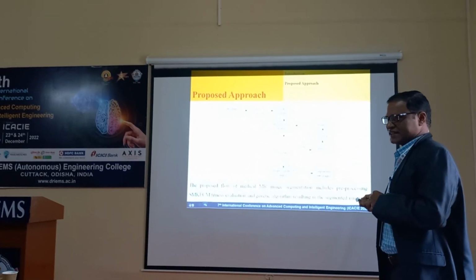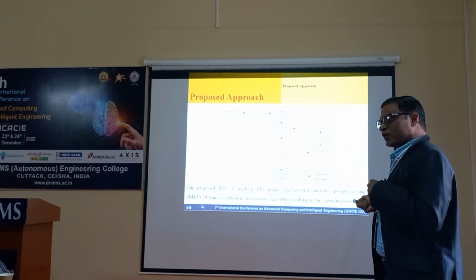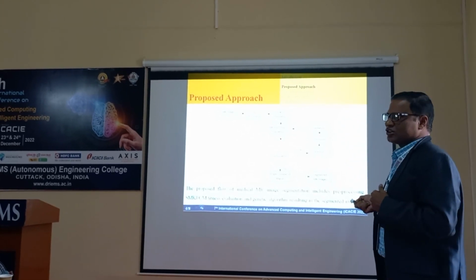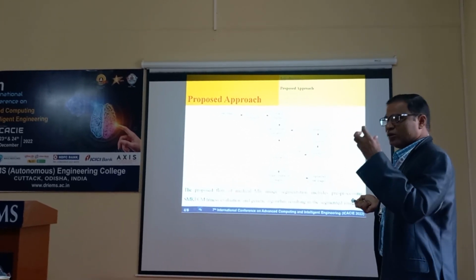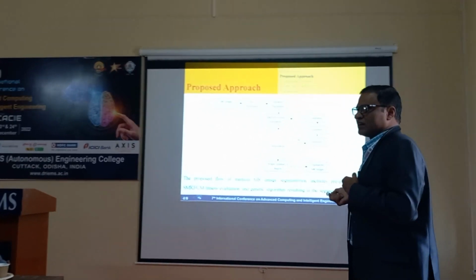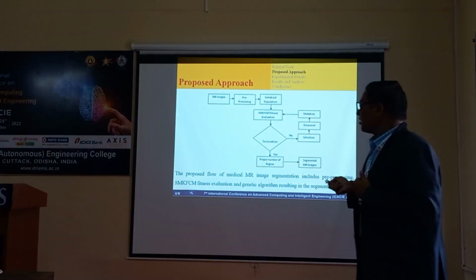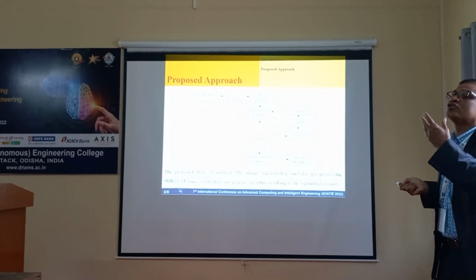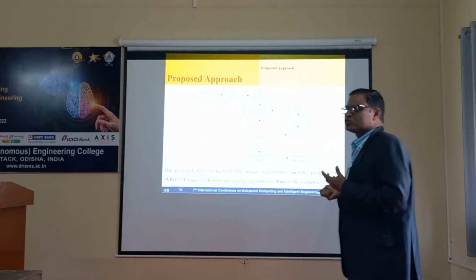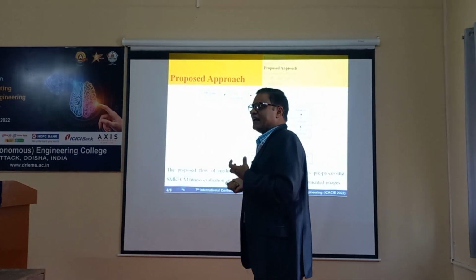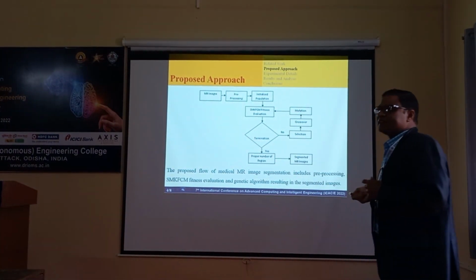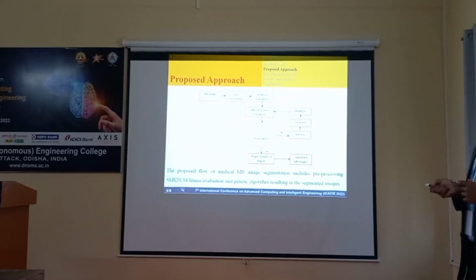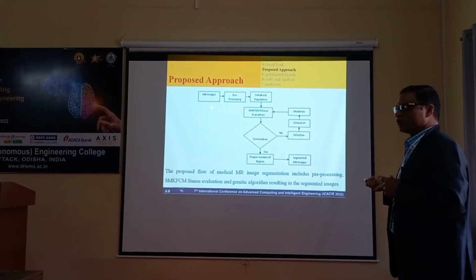Then we go for edge detection. We use the morphological edge detector. Along with it there are other detectors, called Sobel, Roberts and Canny. Out of those, the morphological edge detector is best compared to the other three, so I have utilized it in pre-processing.